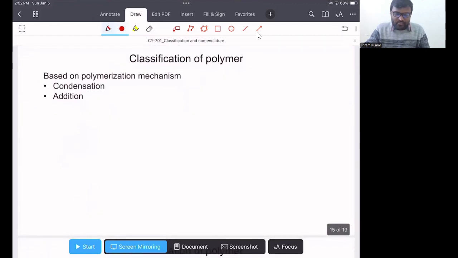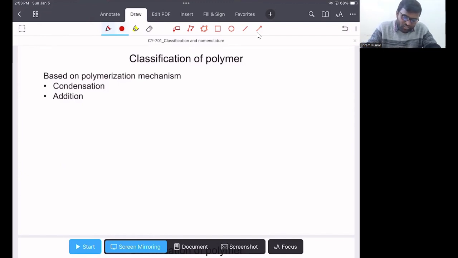After that, we have the classification of polymers based on the polymerization mechanism. We have two kinds of mechanism: condensation polymerization and addition polymerization reactions.